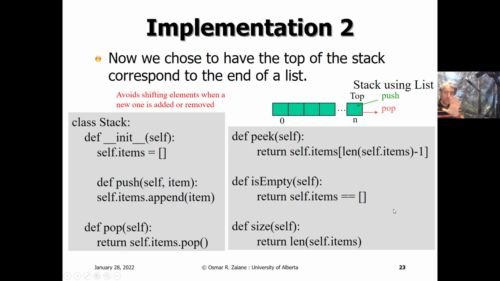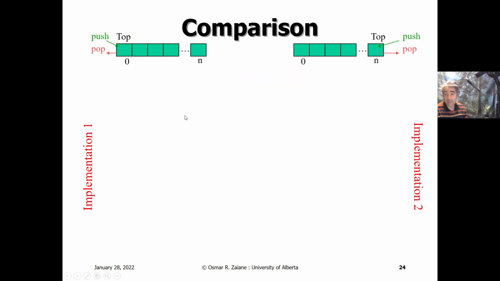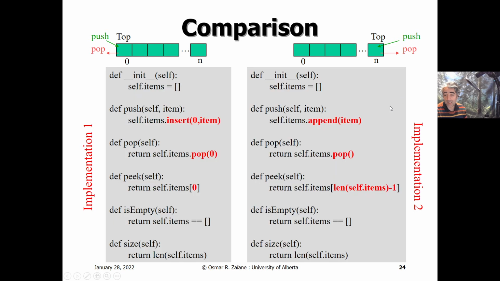So if I put the two implementations side by side, what do I get? I get this. This is the case where before, in implementation 1, we said the top is at position 0. And this is where we said, no, the top is at position n, the last element. Well, look at the code side by side. And what you see here, the red, are the differences. Instead of inserting at position 0, I append at the end.